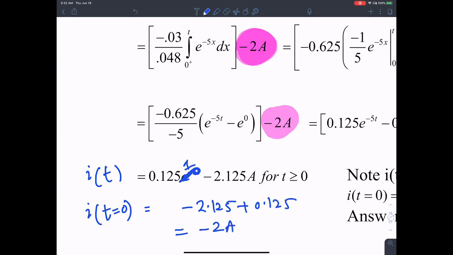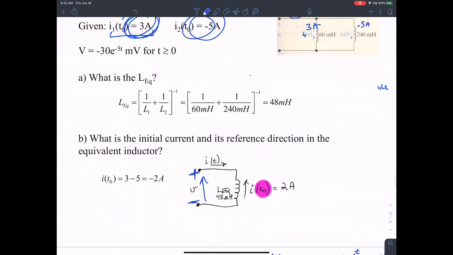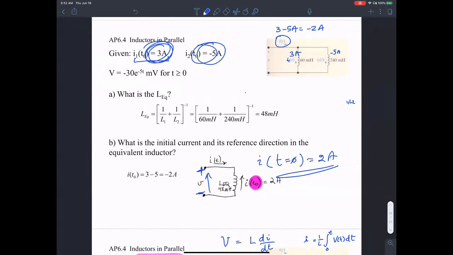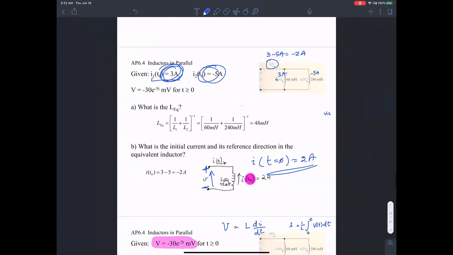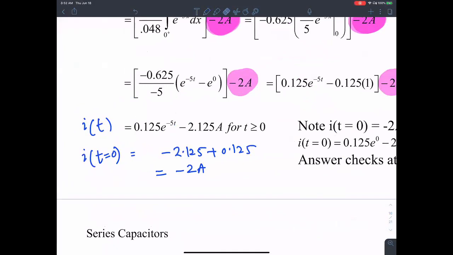That's a value of negative 2 amperes. Remember, that was supposed to be the initial current that we found. At t equals 0, I was calculated to be negative 2 amperes, the initial condition. So when you plug t equals 0 into the expression for the current, it leads you back to the negative 2 that you assumed initially.